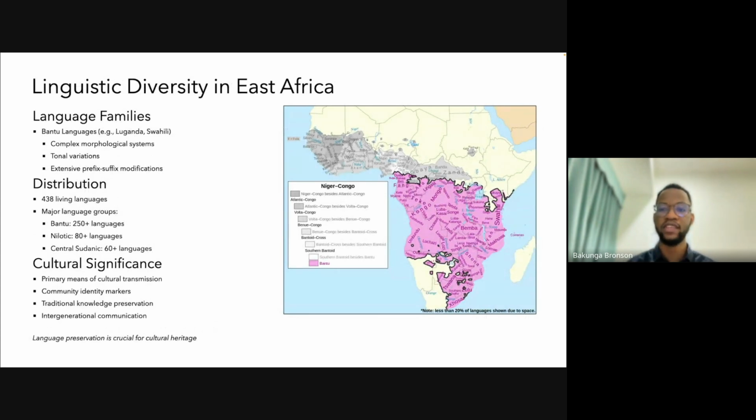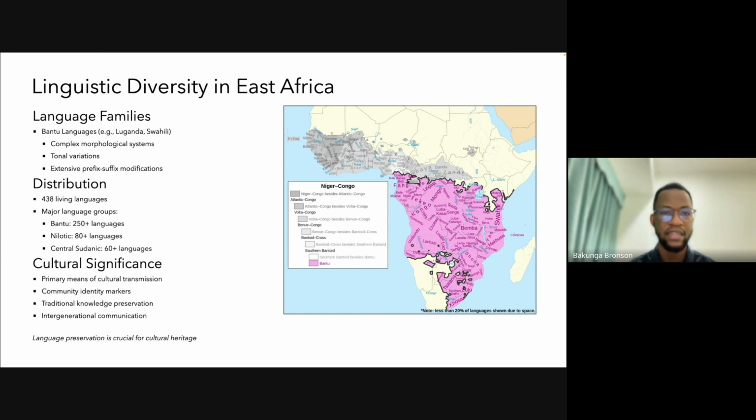Okay, so since the focus is on East Africa, and this is pretty much where I have at least a knowledge of the languages that exist within this particular region, that doesn't mean that this research does not spread across the rest of Africa. It's just that the languages that are going to be mentioned here are just the ones that I have some information about.